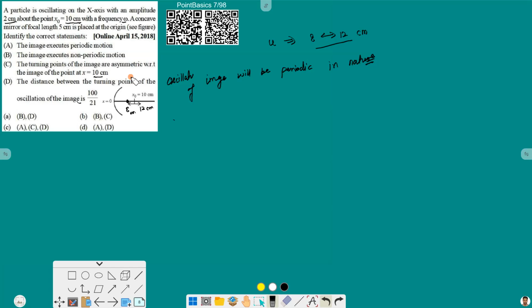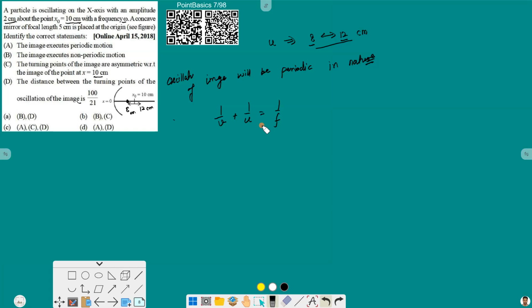Now we will calculate the location of the image at both these values, when the object is at 8 and when the object is at 12. Assuming we normally take the object side as negative, we will do the same here. For a mirror we have 1 by v plus 1 by u is equal to 1 by f.